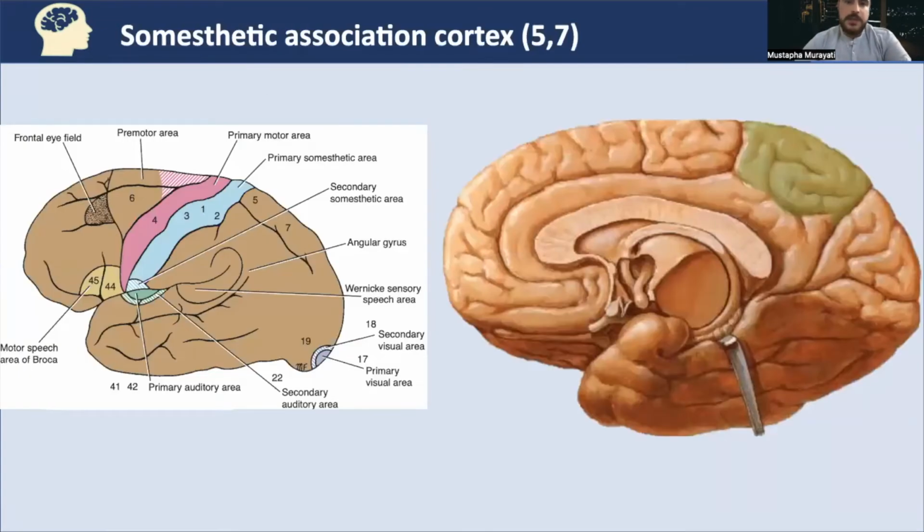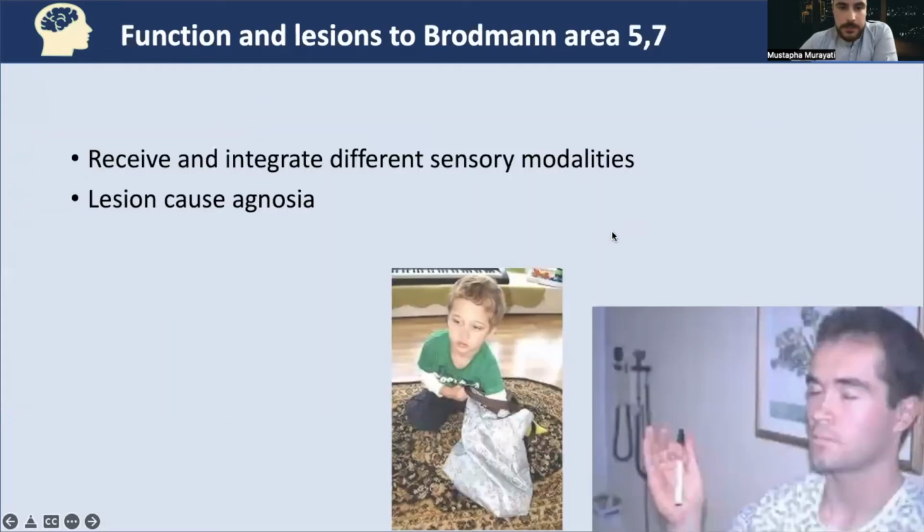And now finally, in this lobe, we will talk about the somatosensory association cortex, Brodmann areas 5 and 7, which are the superior parietal lobule, represented on the lateral surface. On the medial surface, they are represented here in the precuneus portion.